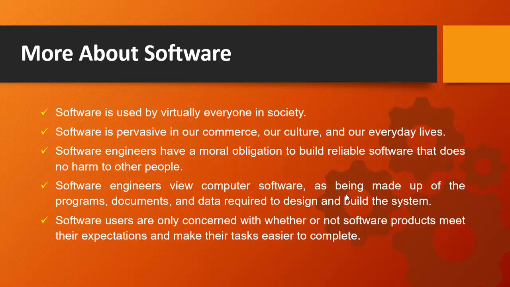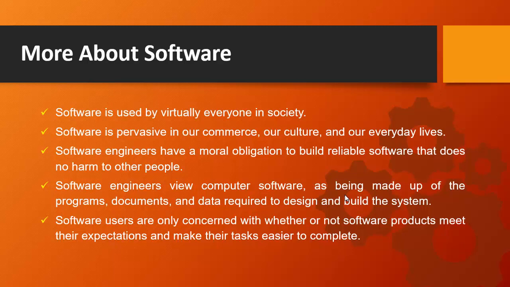Here is other information that you should know about software. First, software is used by virtually everyone in a society. Second, software is pervasive in our commerce, our culture, and our everyday lives. Software engineers have a moral obligation to build reliable software that does not harm other people.